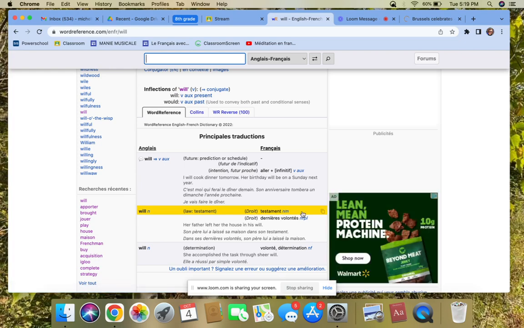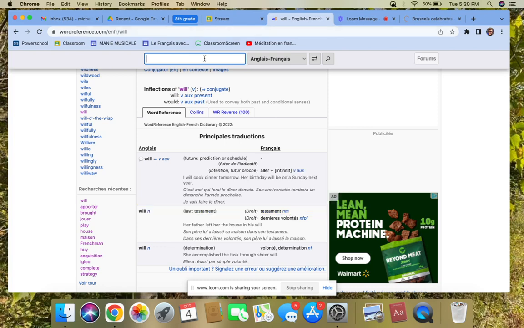Je testament apporter un cadeau or something like that. But no, this is the will that somebody writes when they want to make sure that their favorite cousin gets their game with their Xbox or something when they die. It's your last will and testament. So that's not the correct word. If you notice again, that's a masculine noun. So it's le testament. You wouldn't turn it into a verb.